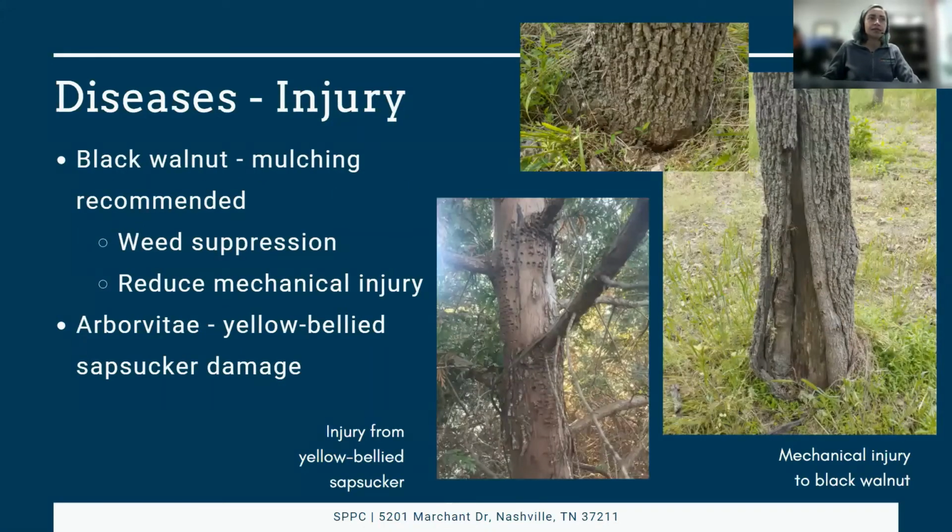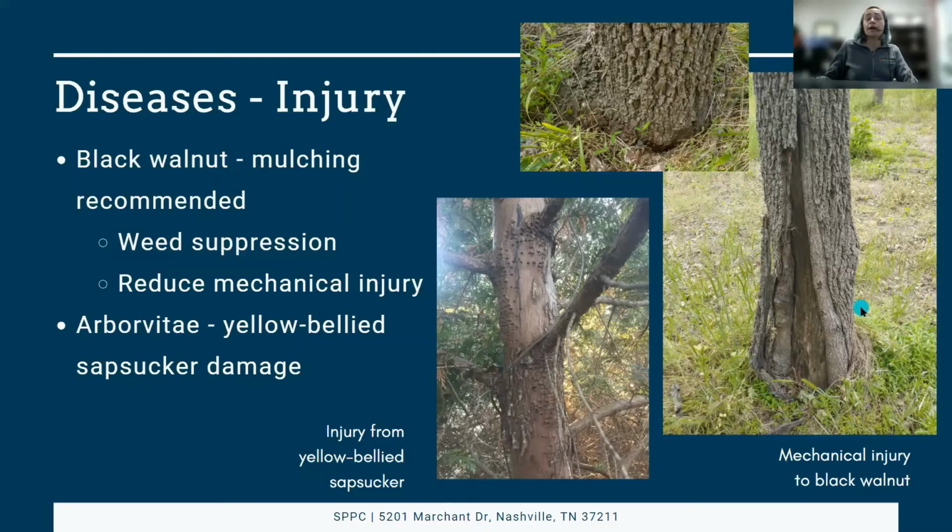A couple of other things to keep in mind when we're taking care of our plants are mechanical injuries and injuries caused by non-insect or disease pests. So this was from a black walnut grove, and one of the big problems here is there's no mulch around these trees.